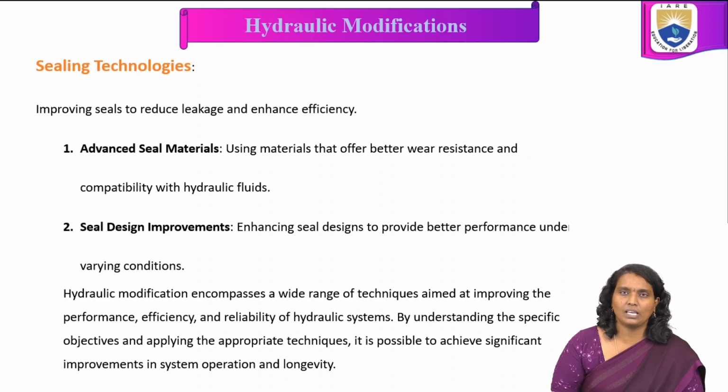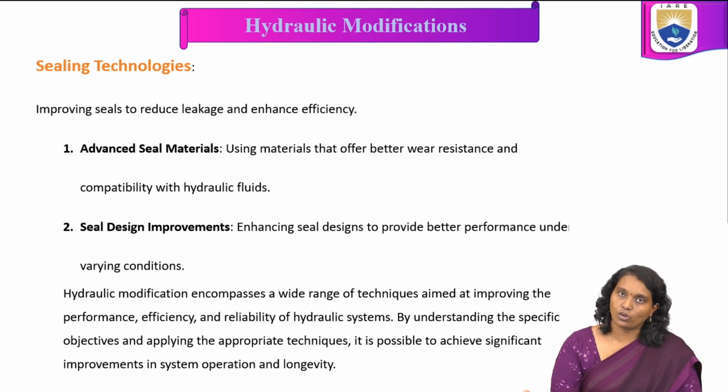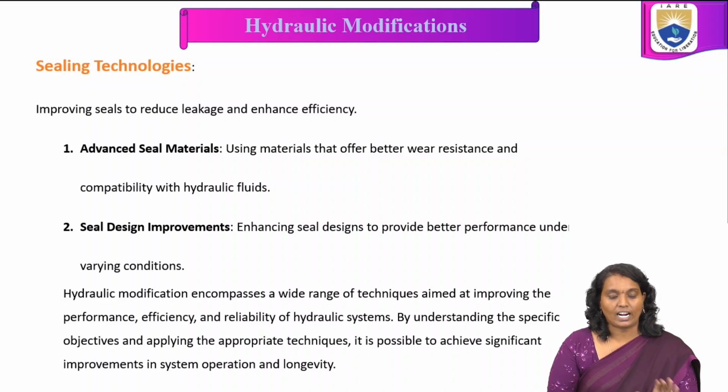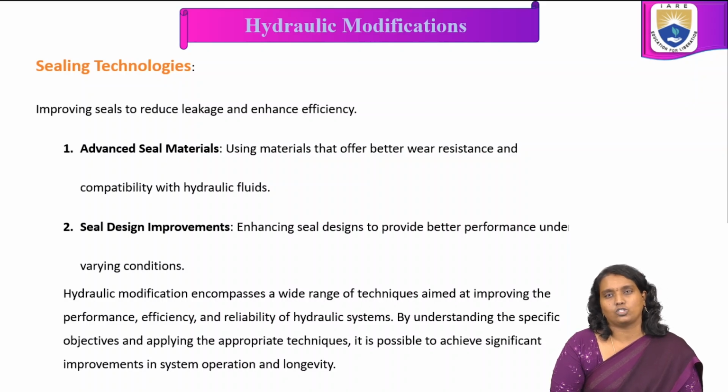So better materials are chosen to reduce or stop the leakage, or to enhance the efficiency also. We choose advanced seal materials depending upon the type of problem, and the adopted technology is also going to be a better choice for the various situations.